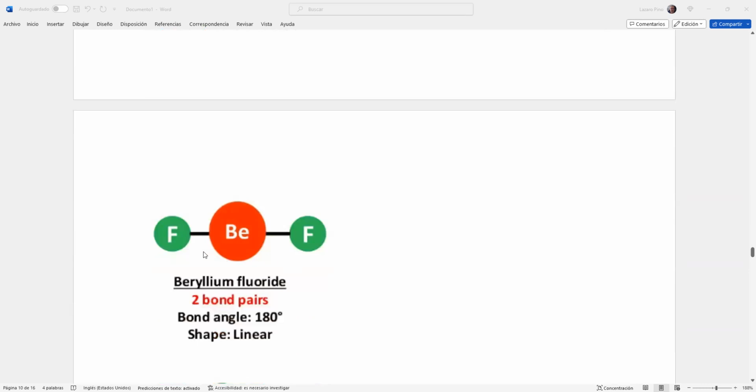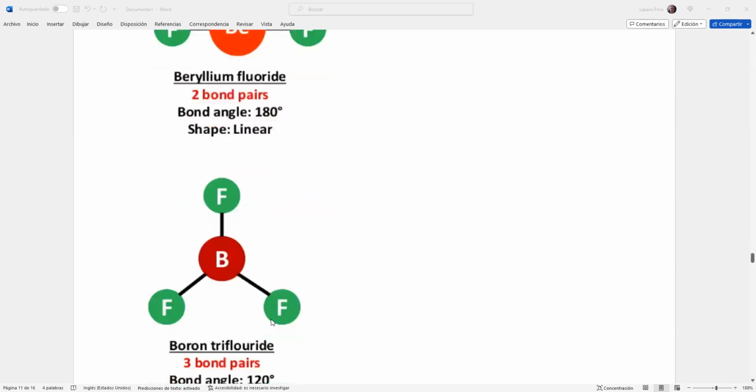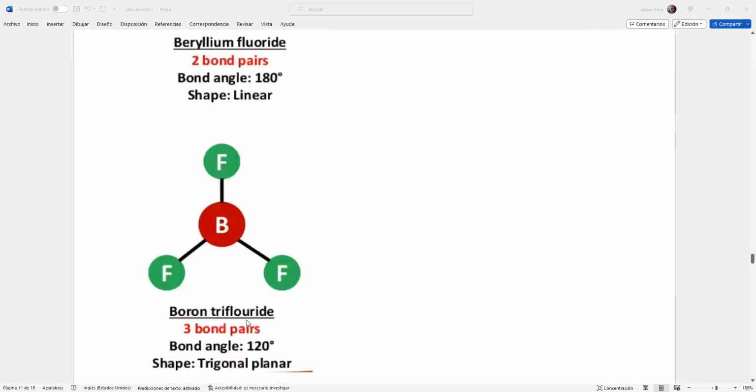In the case of beryllium fluoride, you have two groups of electrons and no lone pairs, so the molecule is linear, and the bond angle is 180 degrees. What happens in boron trifluoride?